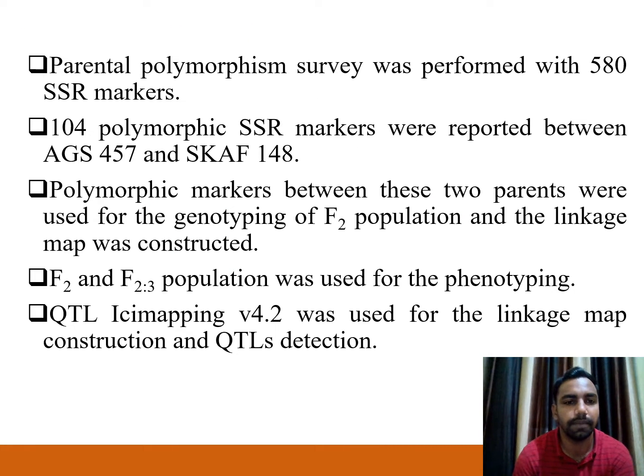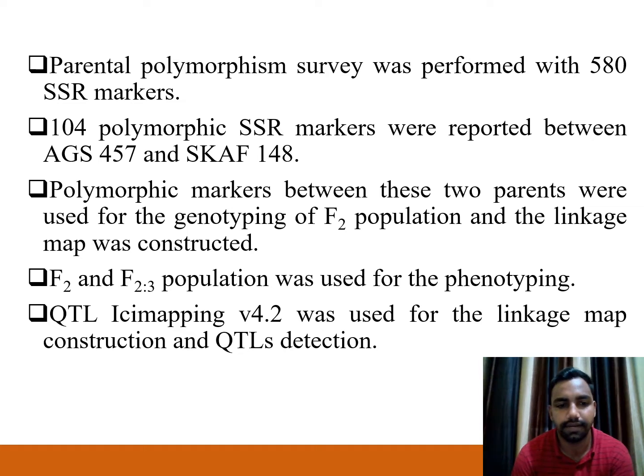First of all, a parental polymorphism survey was conducted with 580 SSR markers, and out of that 104 markers were found polymorphic between the two parents, AGS457 and SKF148. These polymorphic markers were further used for genotyping the F2 population, and we created the linkage map.